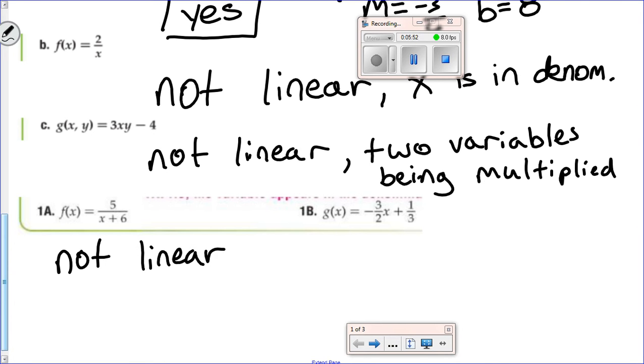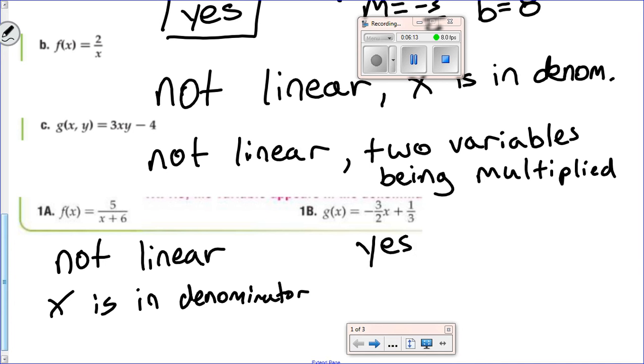Again, x is in the denominator. And 1B, in fact, it's already in the linear form. So yes, it is linear. And it's in the form y, or f of x equals mx plus b, where m is equal to -3/2 and b is equal to 1/3.